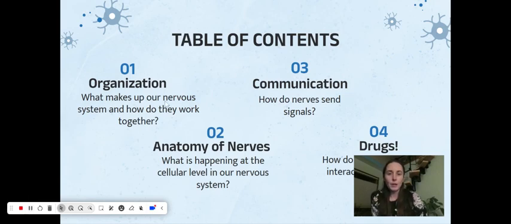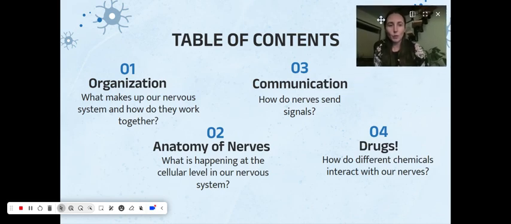All right, what we are going to hear about today, we are going to split this into 4 sections, really. We're going to talk about organization, so what makes up our nervous system, how does it work together. We're going to talk about the anatomy of nerves, so how are our nerves built, what's happening at that cellular level, and we're also going to talk about how do our nerves send signals, how do they communicate, and finally, we're going to talk about how different chemicals can interact with our nerves.